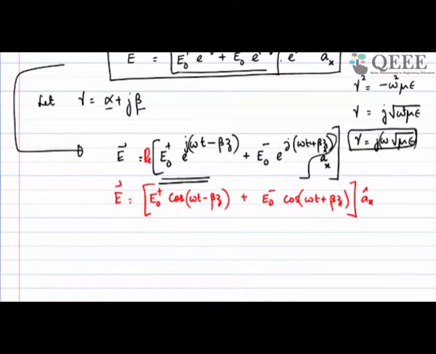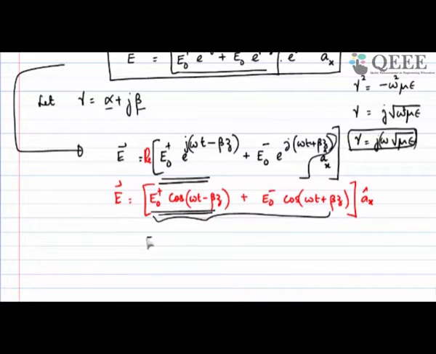Now we are trying to see the physical significance of what this means. Why do you call it a wave? What does it actually mean by saying that E is this? So let's take one term at a time.